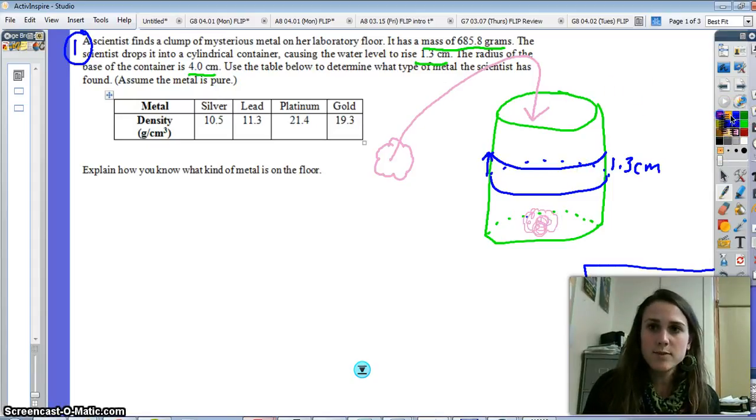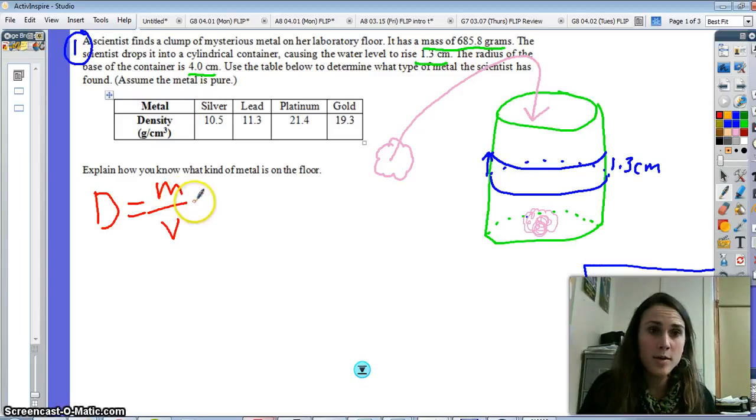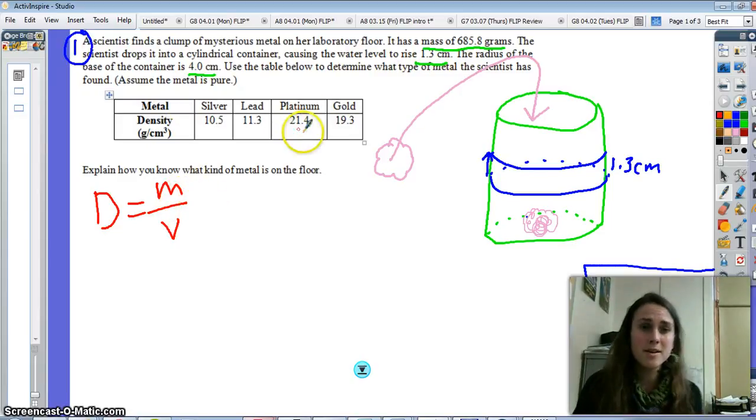So this is one of those problems that relates density, volume, and mass. Density equals mass divided by volume, I know. Okay, what do I know? Well, I'm trying to figure out what type of metal this is. It looks like I'm going to maybe be using the density of the metal to figure that out. So once I know what my density is, I can figure out what type of metal this is.